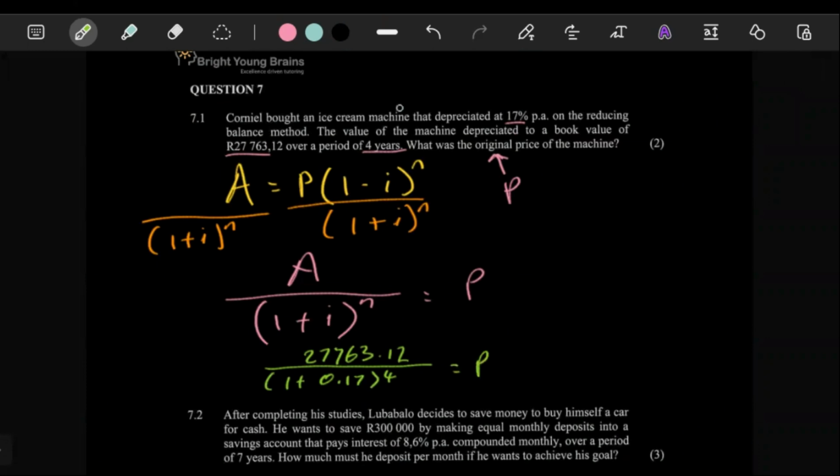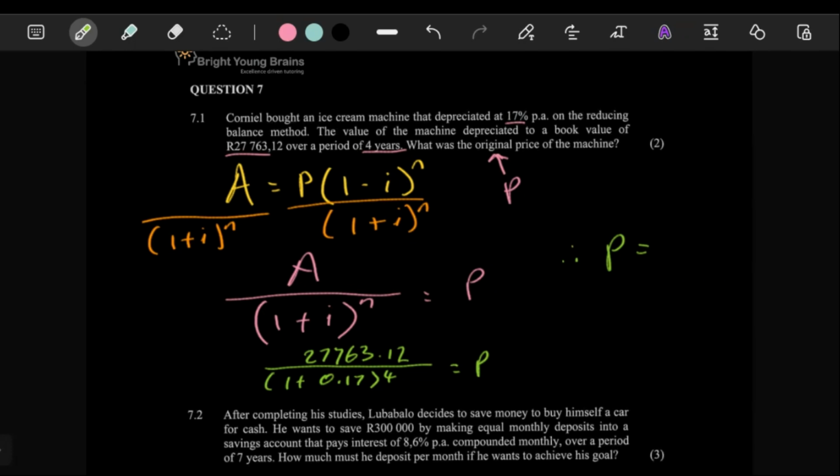Let's see what P is gonna be. P, so in the calculator, what are we getting for our value of P here? Well, this answer is looking very nice.